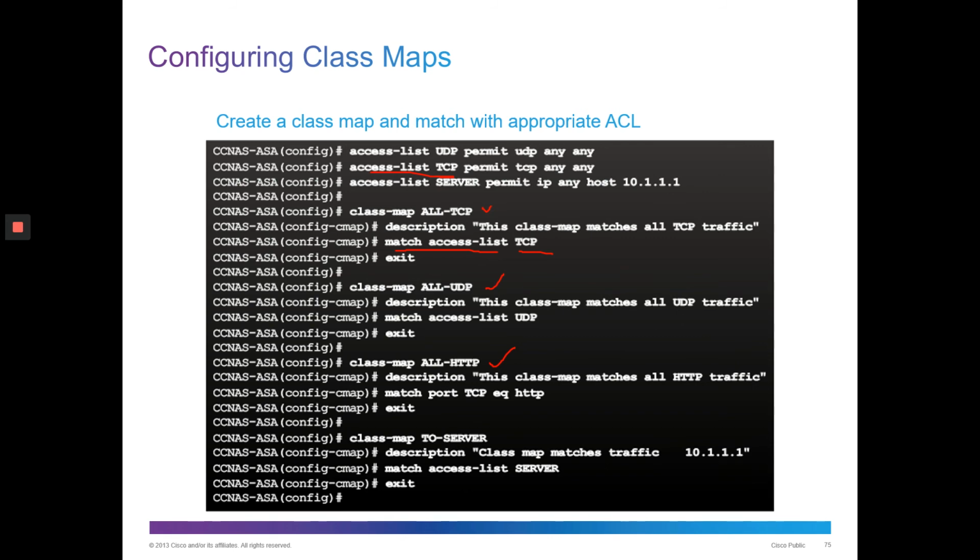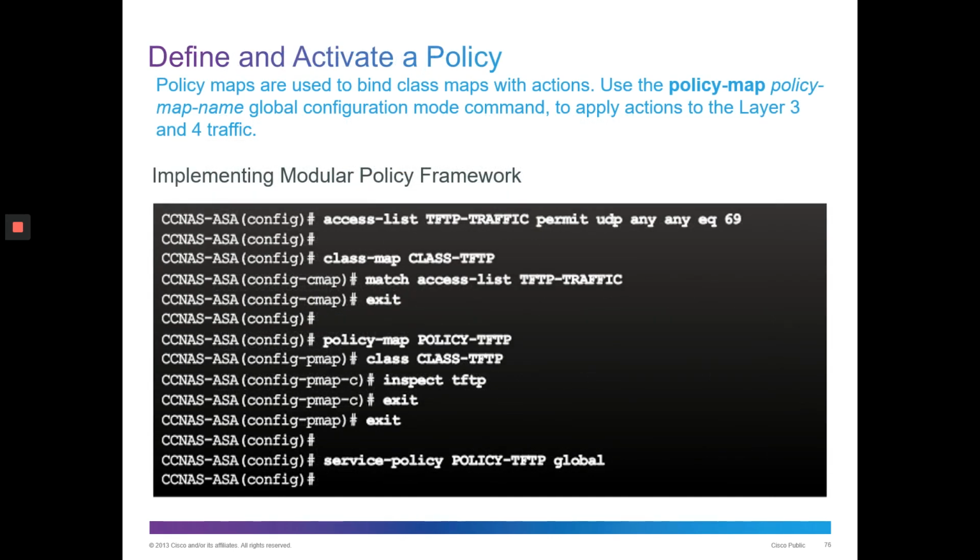So once you have these maps, now you have to define the action, okay, what you want to do. And now here's the action. You have three types of actions. One is to set a connection or to inspect, for example, provide protocol inspection, or policing, set a rate limit for traffic in this class. What we're gonna do is inspect that particular traffic.